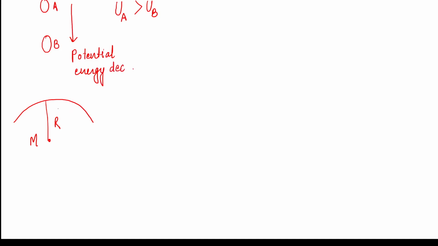Closest to the body, the potential energy is smallest, and that smallest potential energy is given a negative sign. So the potential energy closest is minimum, so potential energy at C is minimum, and potential energy at A is maximum.